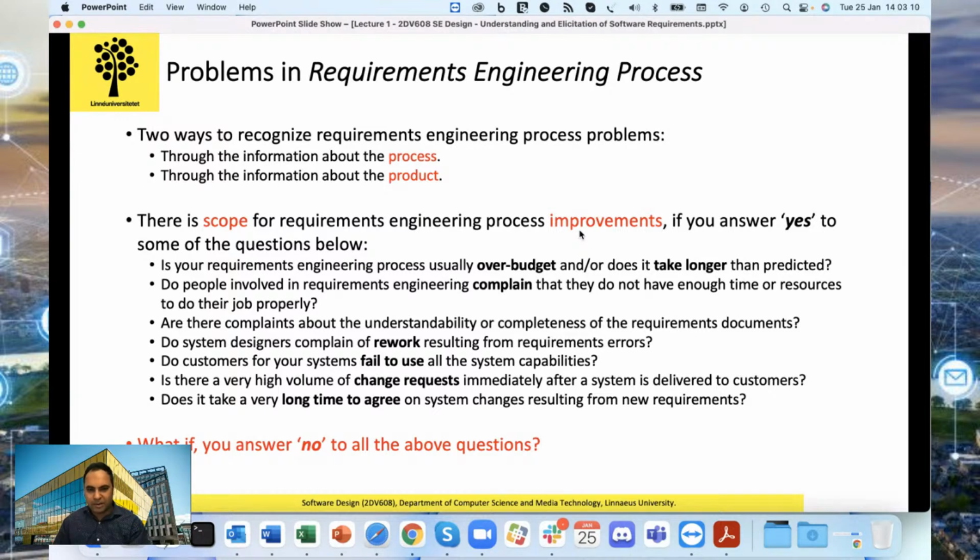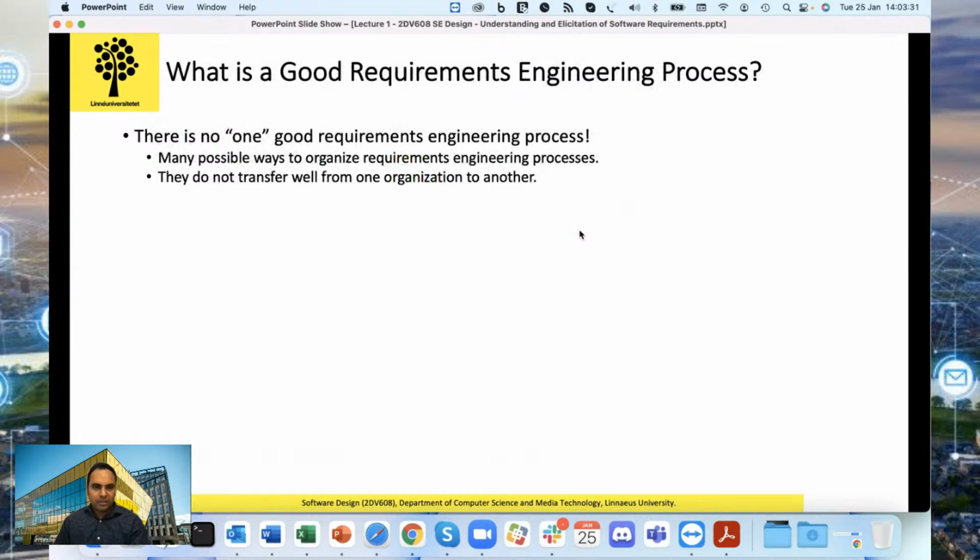It could be natural or by chance, but it's also possible that you answer no to all of these questions, and you are still delivering a bad product, or your end users or customers are still not happy with your product. So there is no one good requirements engineering process. It differs with the organization. It changes over time.